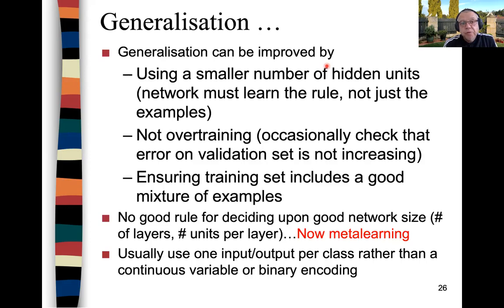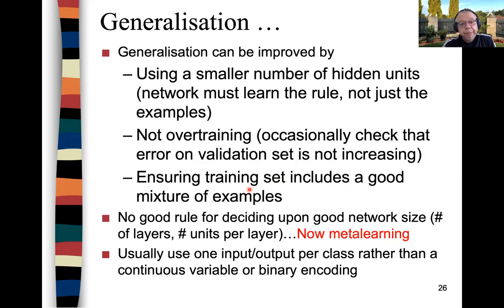You want to allow the system to generalize, okay? You want to ensure that the training set includes a good mixture of examples from all the classes, meaning that your training data set is balanced. So each class is represented with a good number of input-output patterns or examples in the training set.